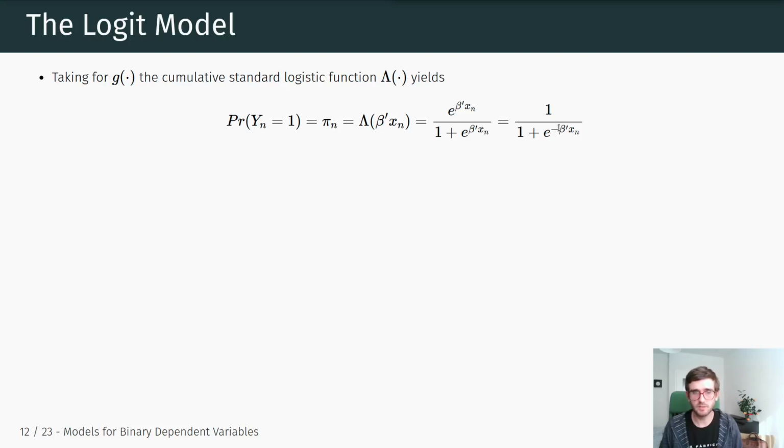To the power of negative, that's 1 divided by e to the power of beta prime xn. If this is very large, then this term is almost 0, and this is almost just equal to 1 divided by 1. So this is the probability approaching 1, essentially.